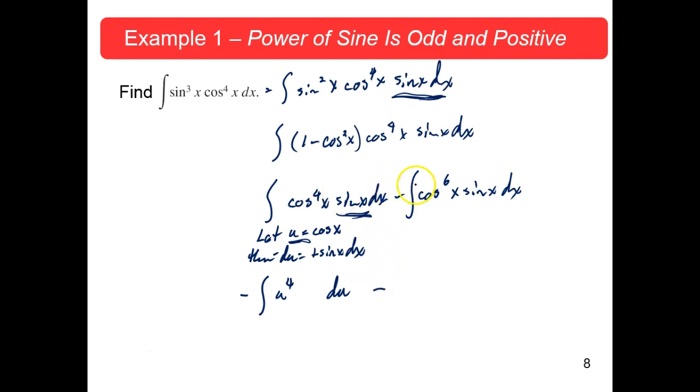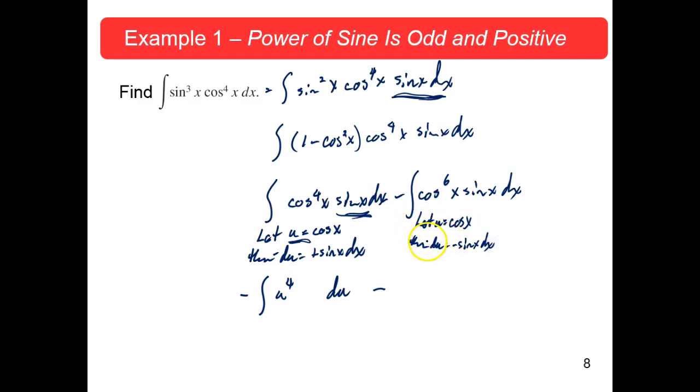Now let's go over to this one. Minus. And guess what? We can do the same substitution. Do you want to still use u, or do you want a different variable? Are you okay with u? Okay. So this time again we'll let u equal cosine x. Then du is equal to? Negative sine x dx.